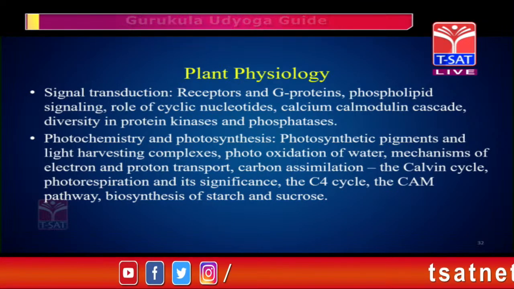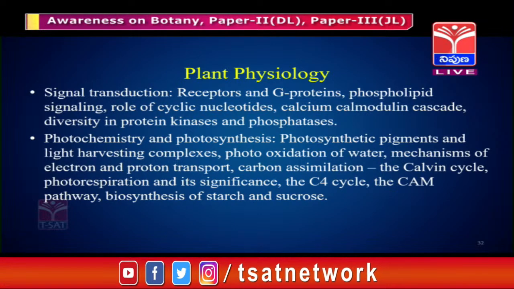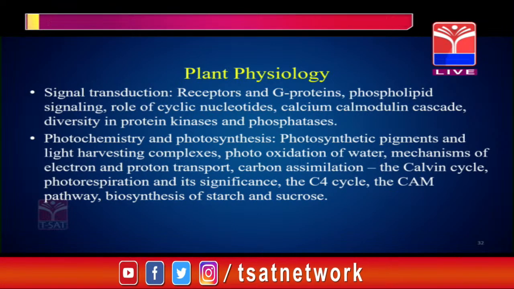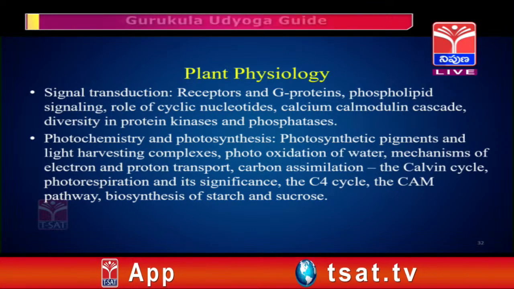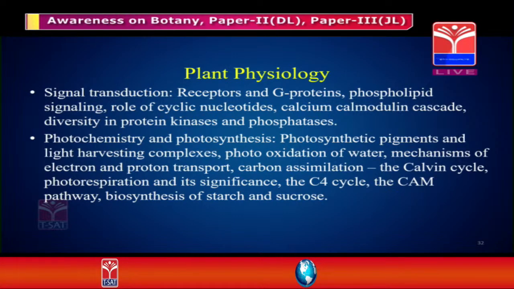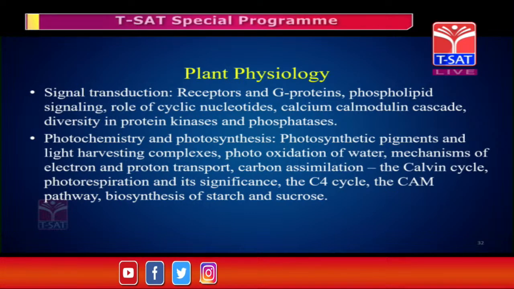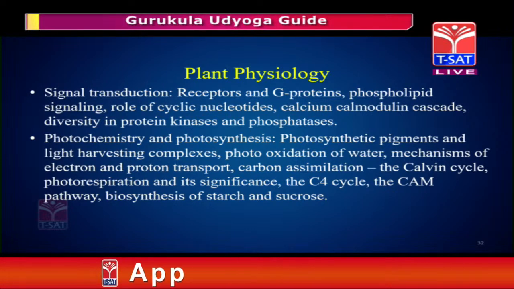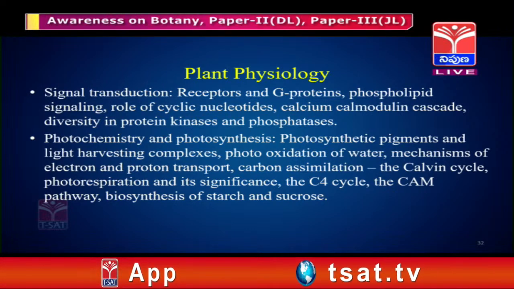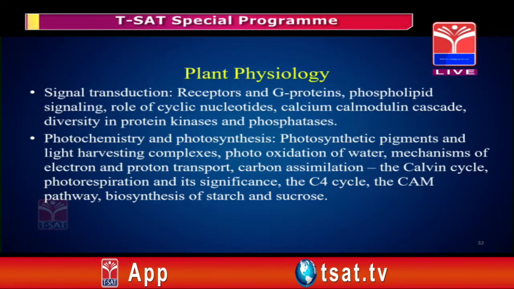You should know that calmodulin is very important, because it plays a very major role in the absorption of calcium into the cell, and also it plays a part in the performance of 20 other enzymes or so. How the cell is able to receive the chemicals, chemical intake and sending out of these chemicals from the cells. This has to be learnt by the DL aspirants, that is signal transduction.